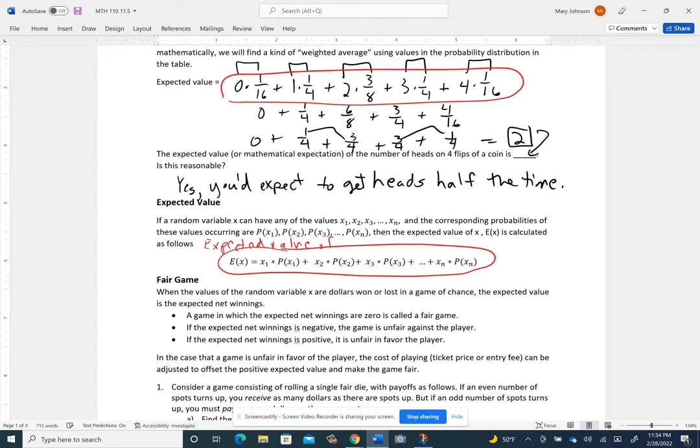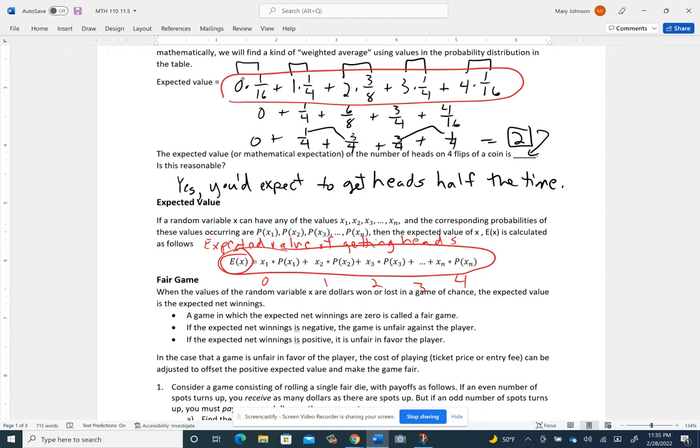All right, and that's this. And then what x1, x2, x3, and x4, etc. represent were, no heads, 1 head, 2 heads, 3 heads, 4 heads.